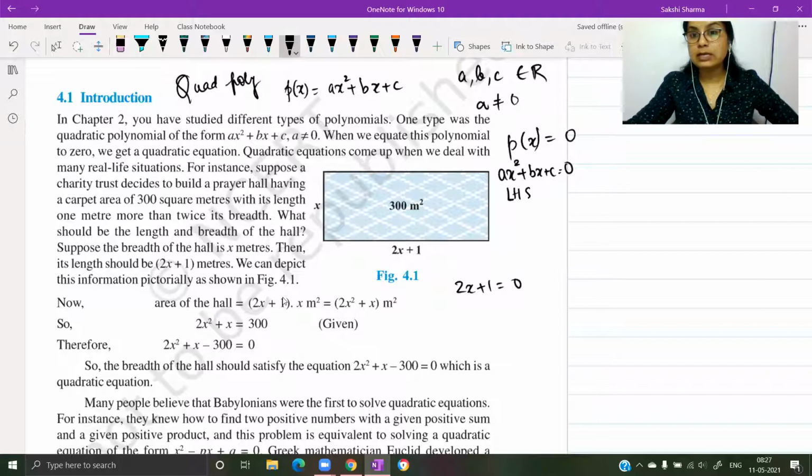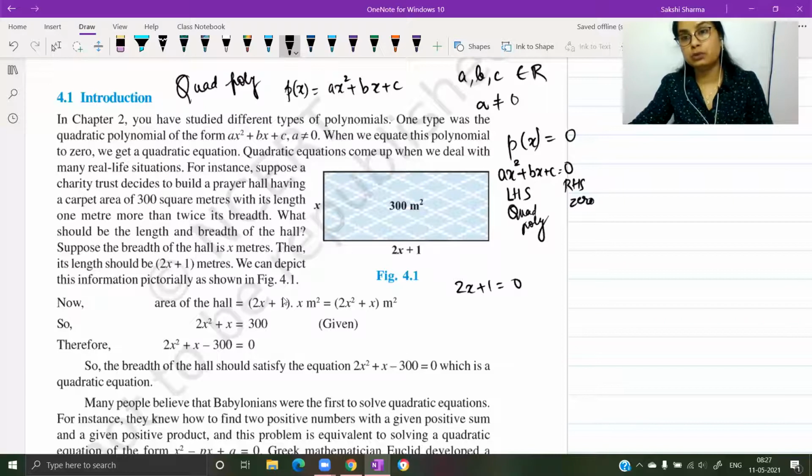Your left hand side contains your quadratic polynomial and the right hand side is 0. तो हम x की ऐसी values ढूंढना चाहते हैं जिससे हमारा quadratic polynomial 0 के equal हो जाए. And if you can recall, the definition of 0 of a polynomial states that we are having value of x possibly which will make your polynomial equal to 0.